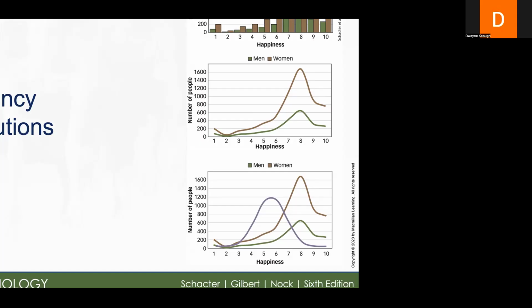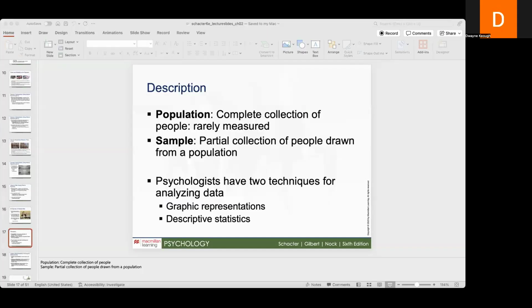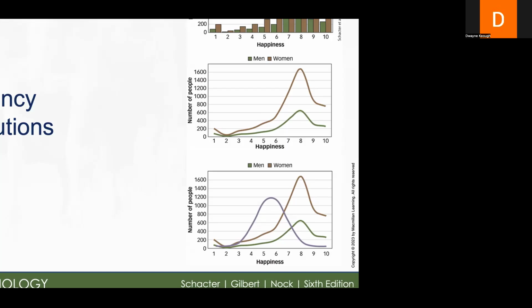Just the numbers say so. But the levels of happiness, where do they peak? They both seem to peak around 8. So even though there are more females contributing answers about happiness, both men and women seem to be equally happy, sort of.